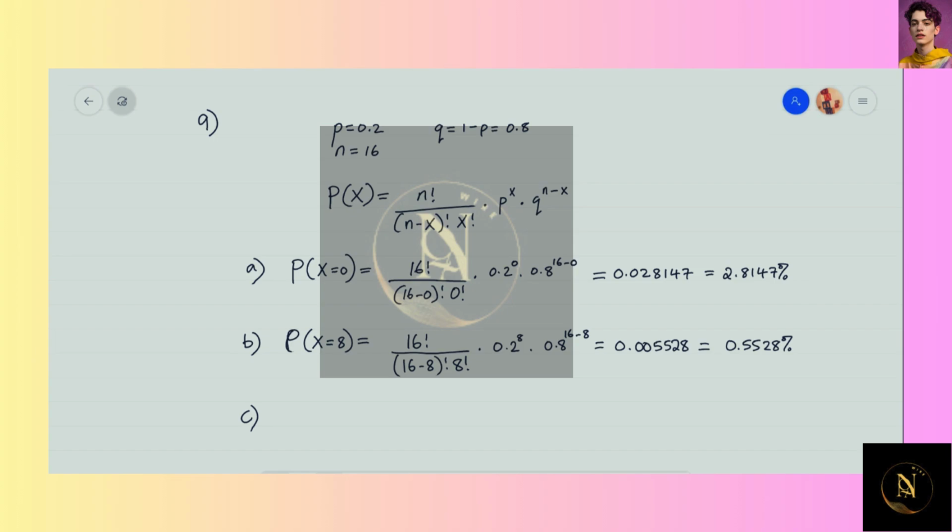Next, part C of the problem is to get the probability that exactly 4 will have high blood pressure. That means we're finding P(x equals 4).